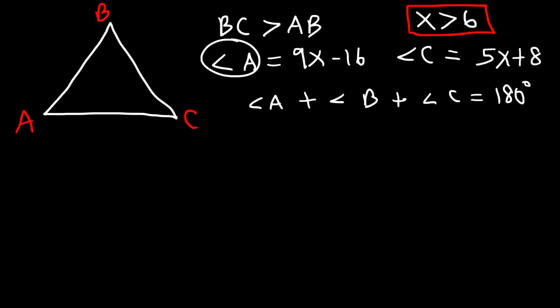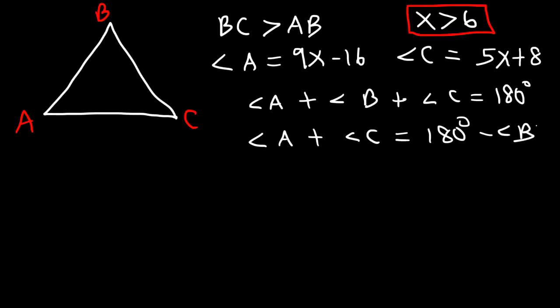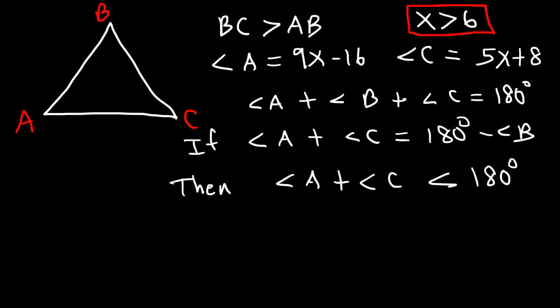Now, we only need to focus on angle A and angle C. So if we subtract both sides by angle B, we can see that angle A plus angle C is 180 minus angle B. Now, we don't know the value of angle B, so it has to be greater than 0. Therefore, angle A plus angle C has to be less than 180. Because once you take 180 and subtract it by angle B, you're going to have a value that's less than 180.